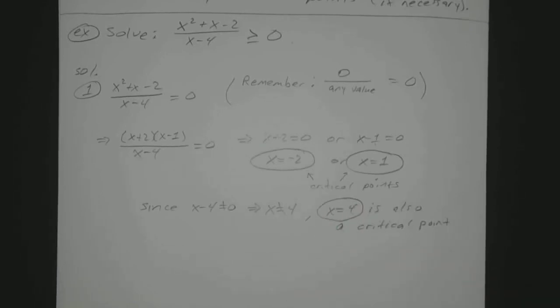Okay, so in this case, you have 3 critical points now. Okay, which means you have to place all 3 critical points on the number line and find test values in between all of them.